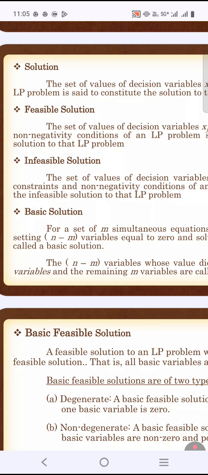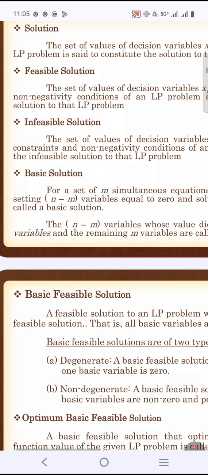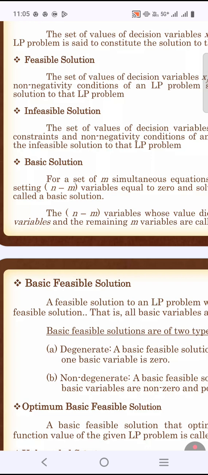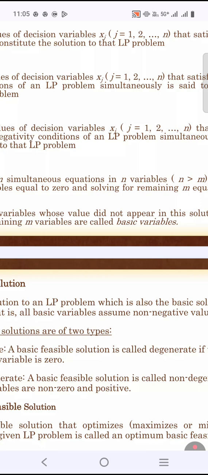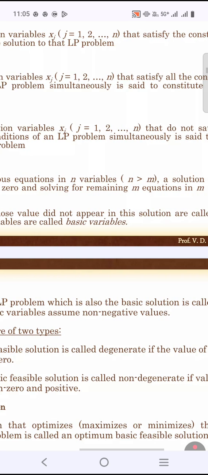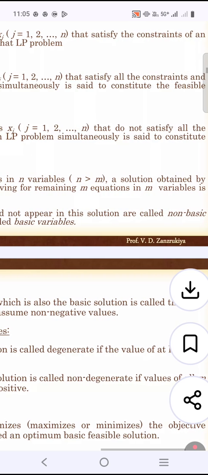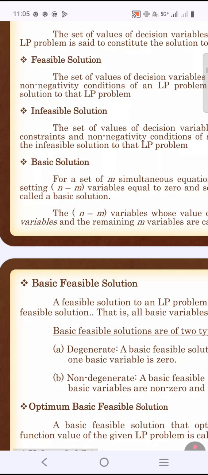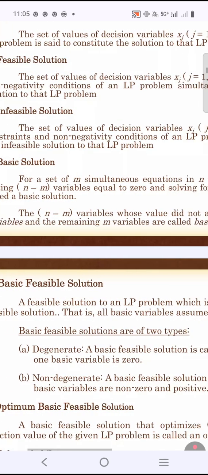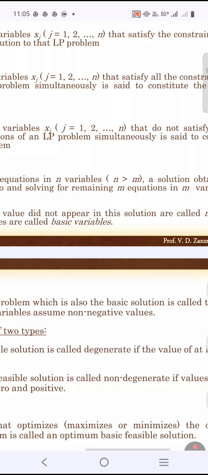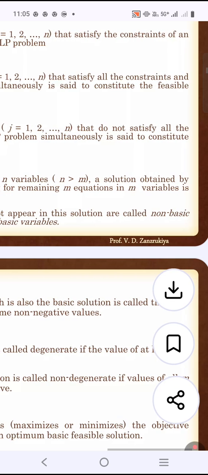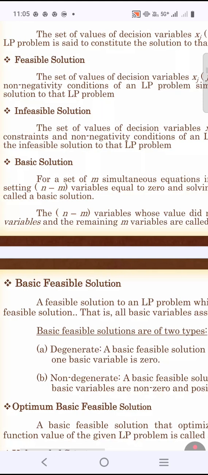Infeasible solution: the set of values of decision variables xj that does not satisfy all constraints and non-negativity conditions simultaneously is said to constitute the infeasible solution to that linear programming problem.